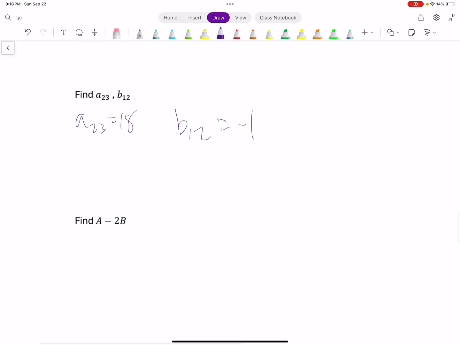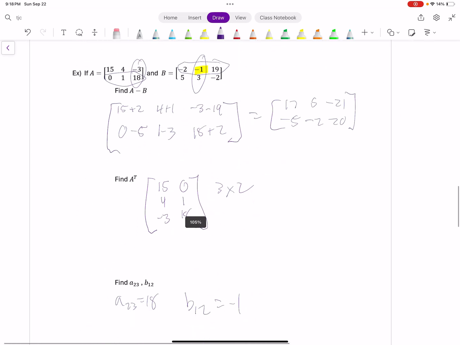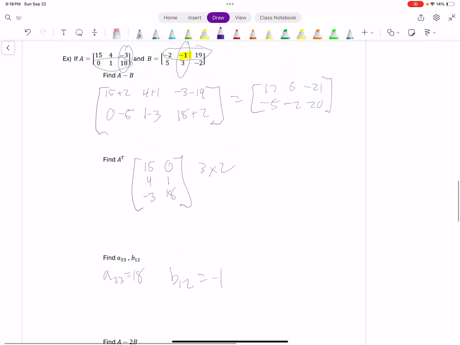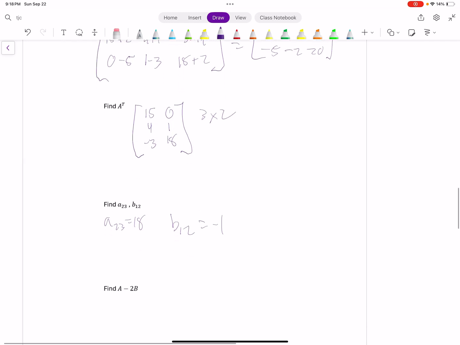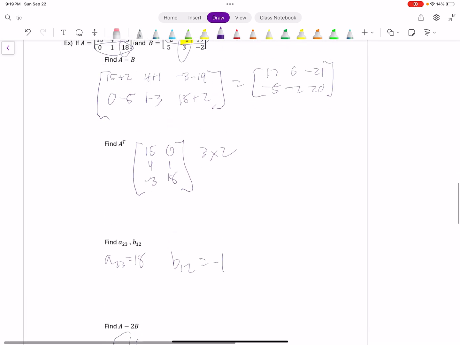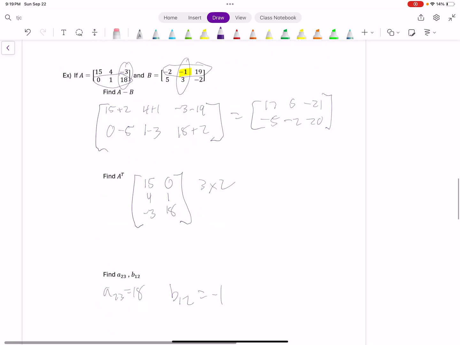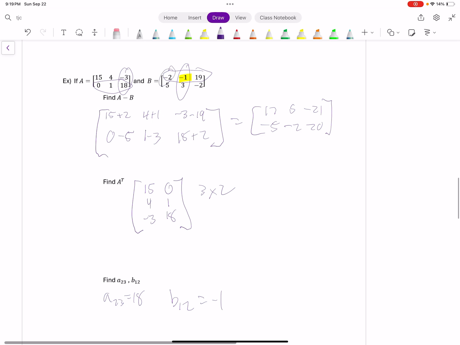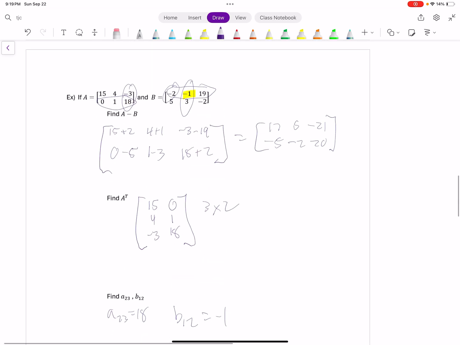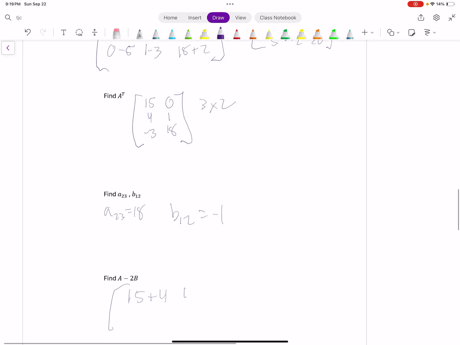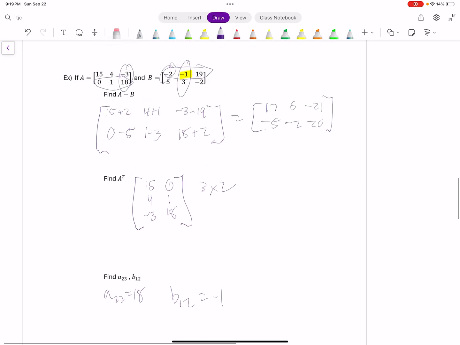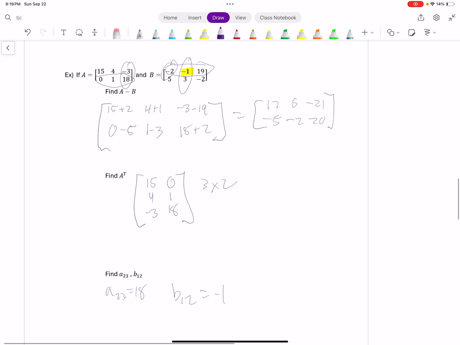Okay. What about A minus 2B? So then we're going to go A. So first 15 plus 4. It's plus 4 because it's negative 2 times negative 2. So it's plus 4. And then we have 4 minus minus 2.